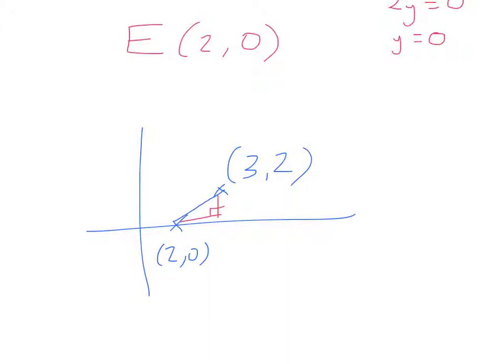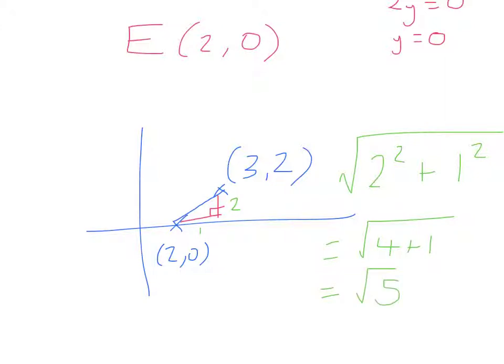My x distance goes from 2 over to the 3, so that is an x distance of 1. And my y distance goes from 0 up to 2, so that is a y distance of 2. Doing my Pythagoras theorem then, it is 2 squared plus 1 squared, which gives me root 4 + 1, which gives me root 5. And that's that question complete.